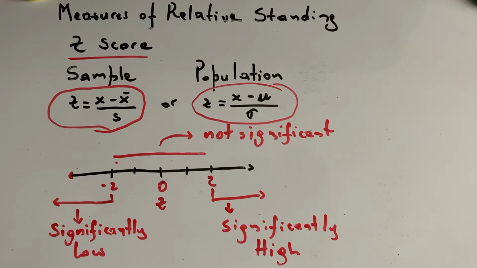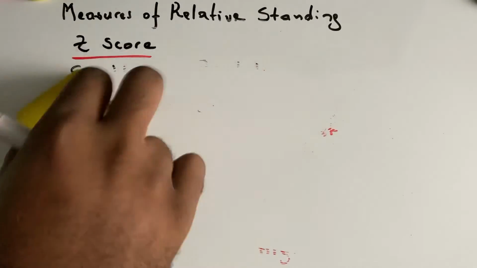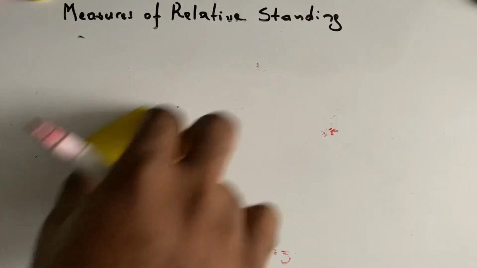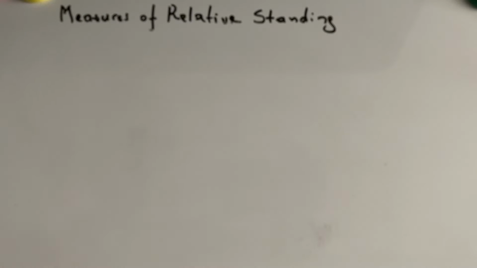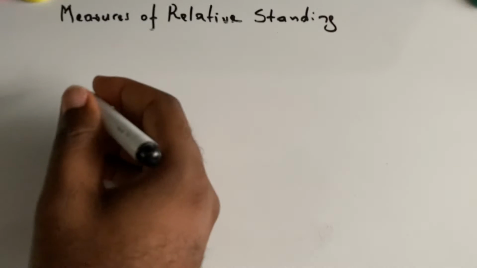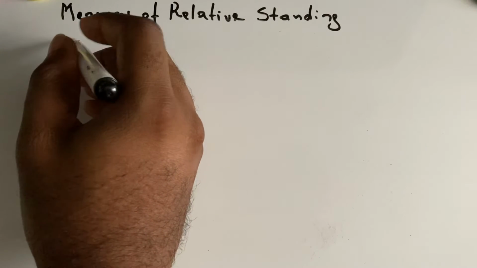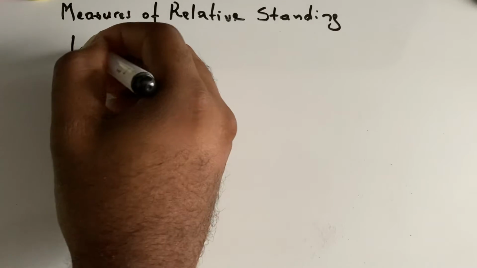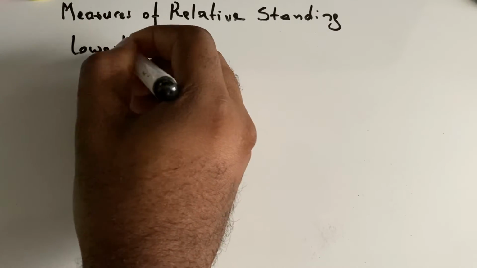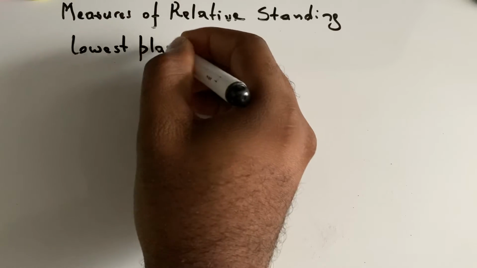Now let's have an example. Let's say you have data about platelet counts, and you want to check the lowest platelet count.